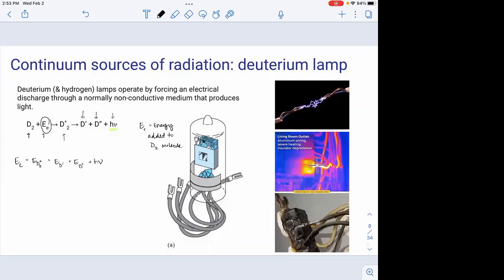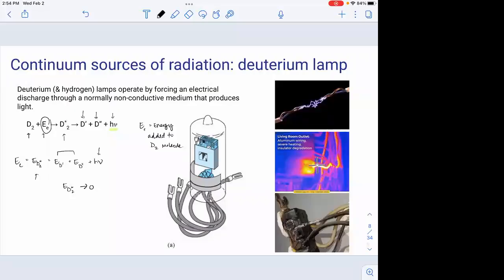Okay, so as this molecule splits and releases energy, there does not necessarily have to be an even distribution of energy between these two terms. And so really, this photon can have any energy anywhere in the range from the energy of that very initial excited deuterium molecule all the way to 0. Okay.